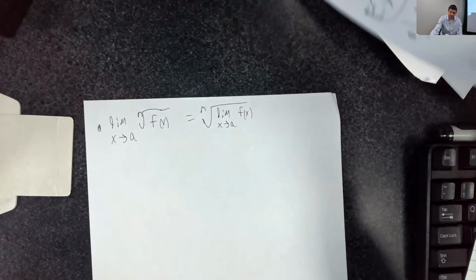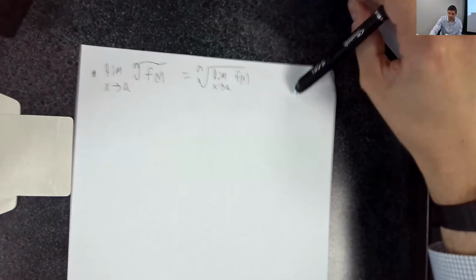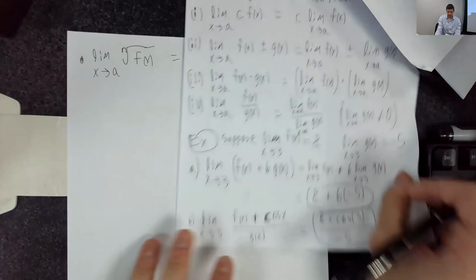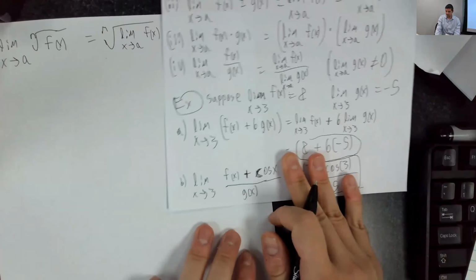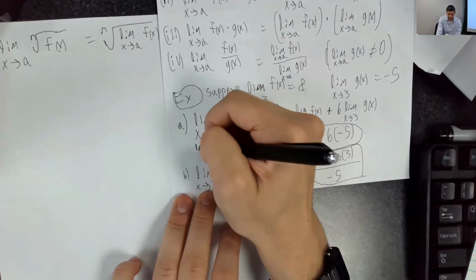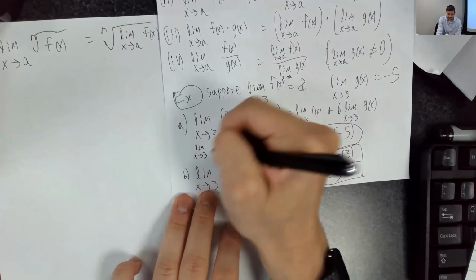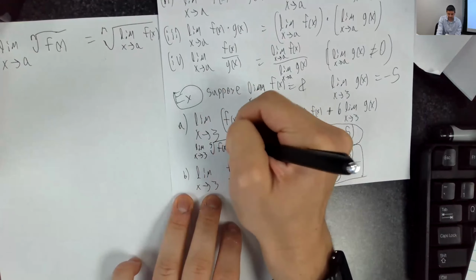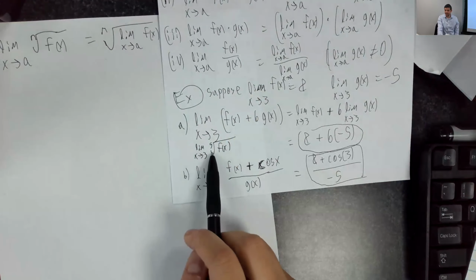So in our example, better not have thrown it away. Okay. So in our example, what if they asked you to do the limit as x goes to 3 of, let's say, the fifth root of f of x? What this rule is basically saying is that the fifth root is continuous.